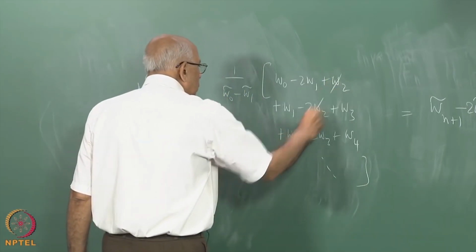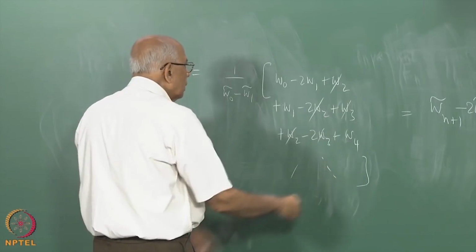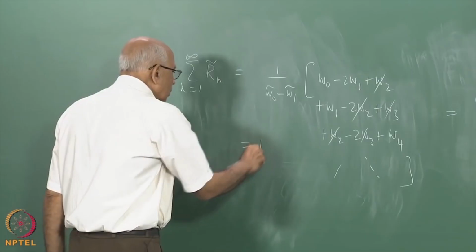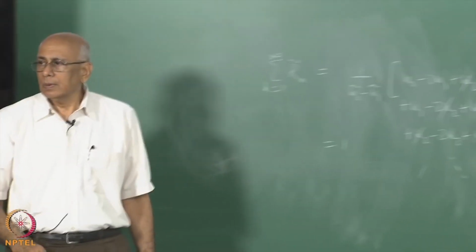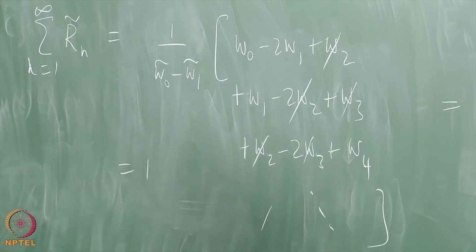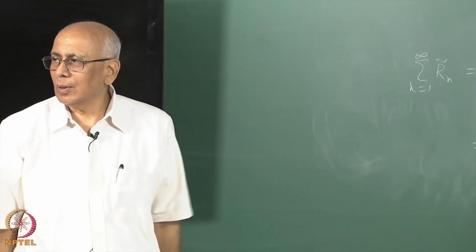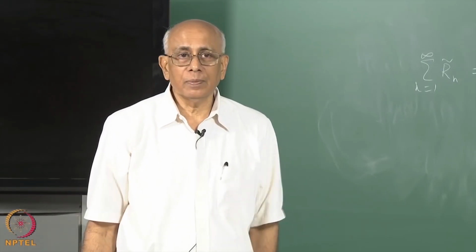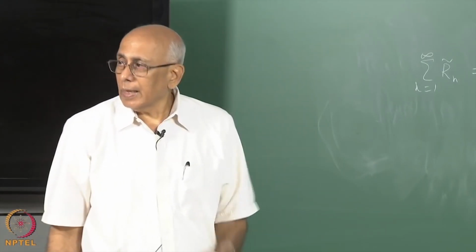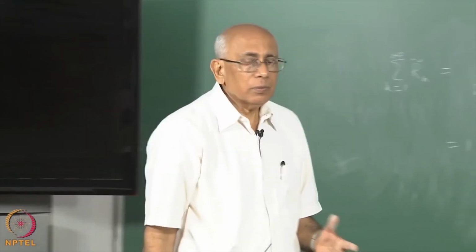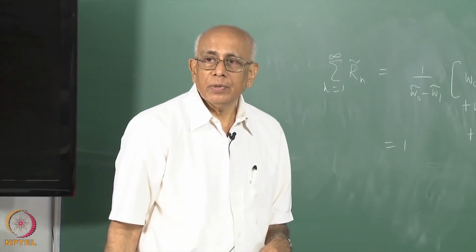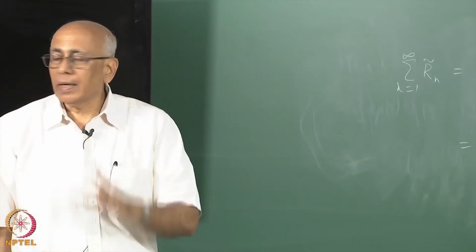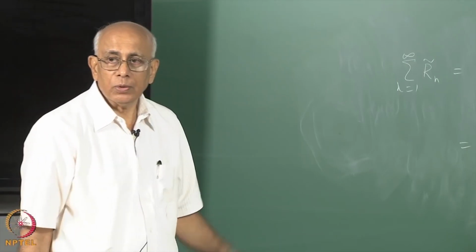So it is clear that the W2s cancel, the W3s cancel and so on, and you are left with W0 minus W1 which is in the denominator also, and is equal to 1. So this series telescopes, everything cancels out except just the numerator and denominator, and it is normalized to 1. So this shows that recurrence is a certain event, sure event, okay. Again ergodicity. So if all parts of phase space are guaranteed to be visited given enough time by a representative point, then recurrence to any cell is a guaranteed event, probability is 1.